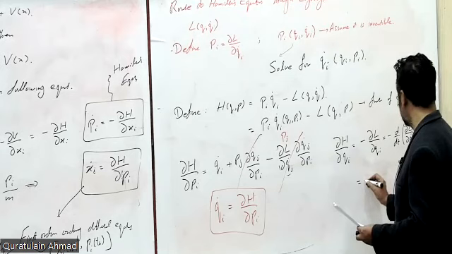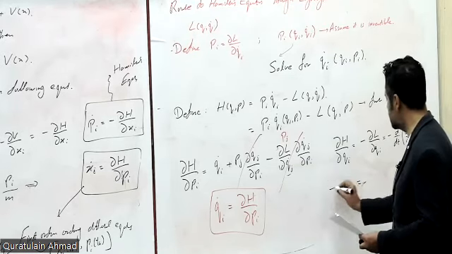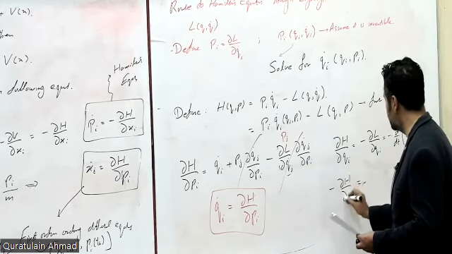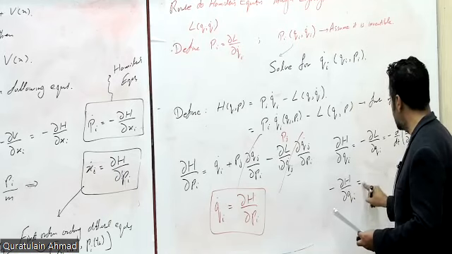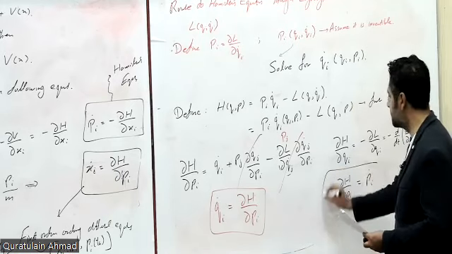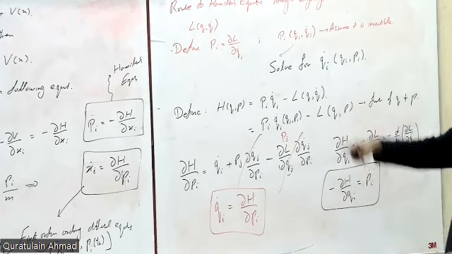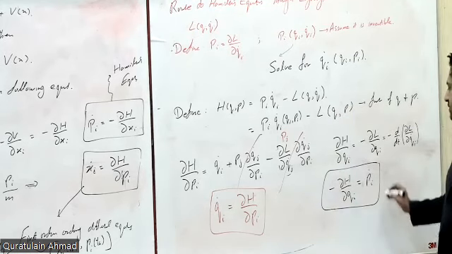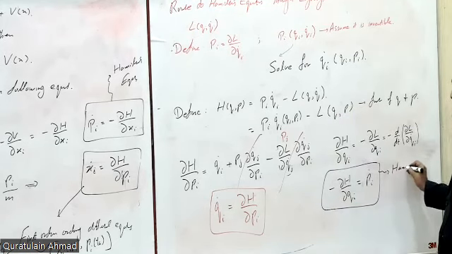So it's minus, which I'm going to bring to the other side, ṗ_i. So these two are those. So these are Hamilton's equations.